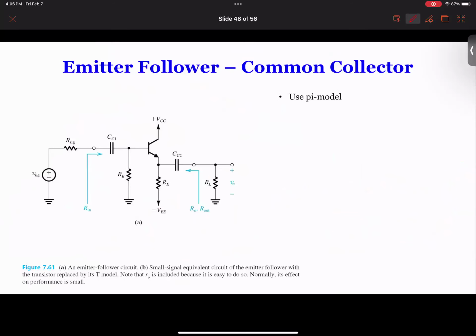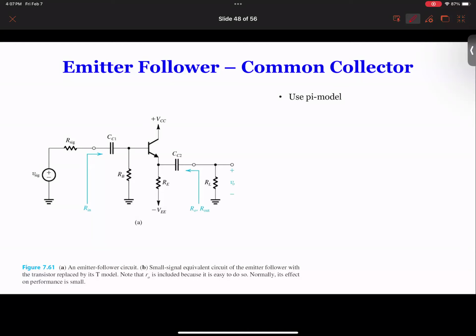And once you know the common base, now it's easier to understand the common collector, sometimes called the emitter follower. The reason is that you have something, again, at the emitter. When you have something at the emitter, use the T model for the small signal. Usually when we do amplifier analysis, the first step is to do the DC biasing calculation.